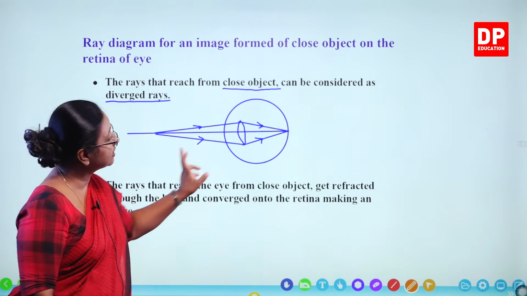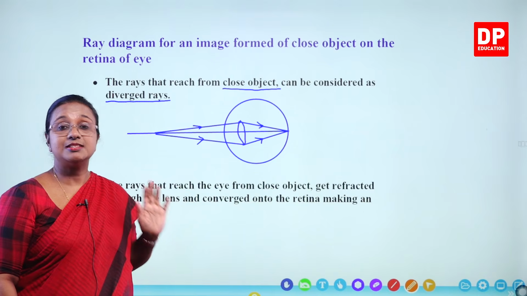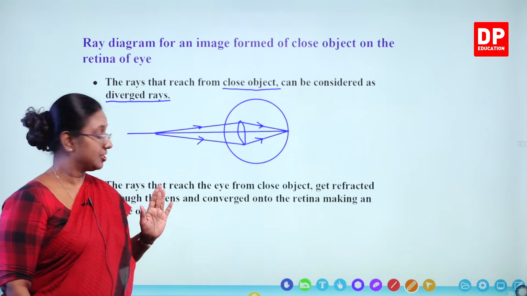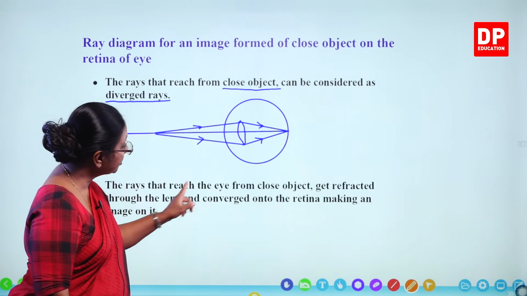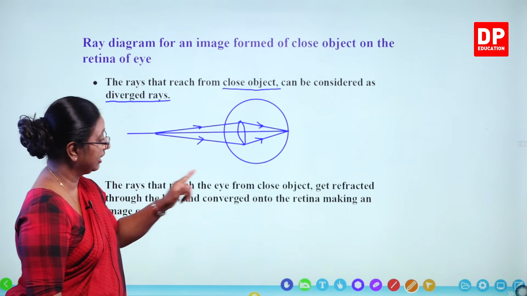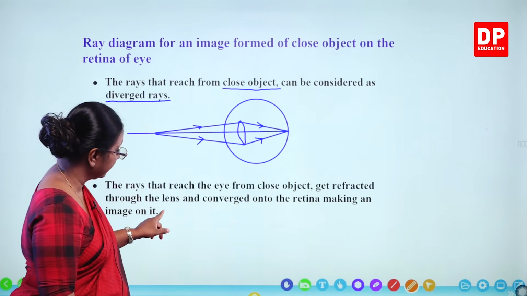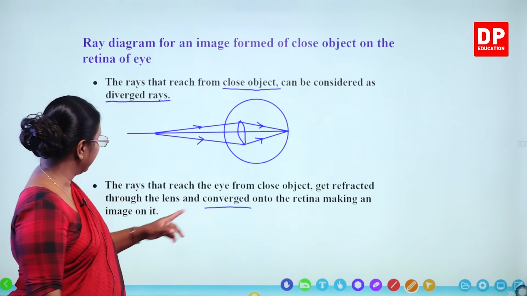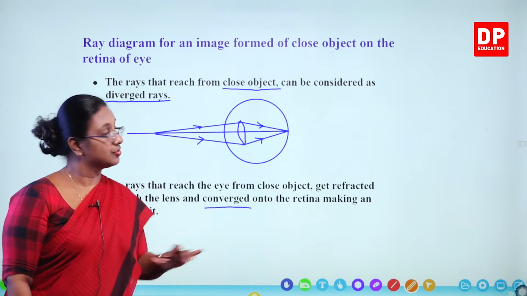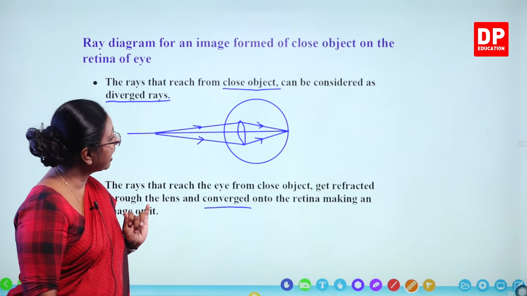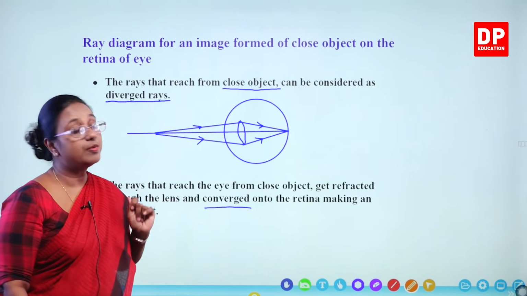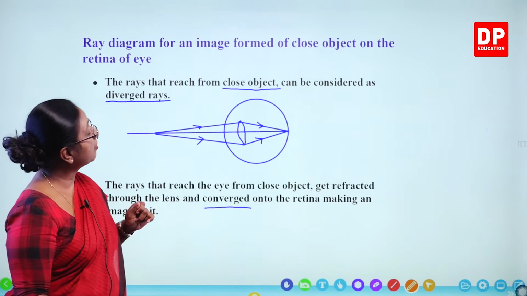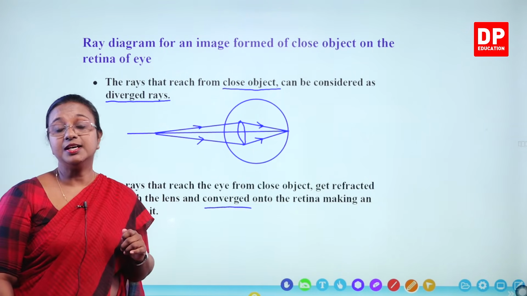In both cases, the image distance does not change. The rays that reach the eye from a close object get refracted through the lens and converge onto the retina, making an image on it. So this is the ray diagram for the image formed for close objects on the retina of the eye.